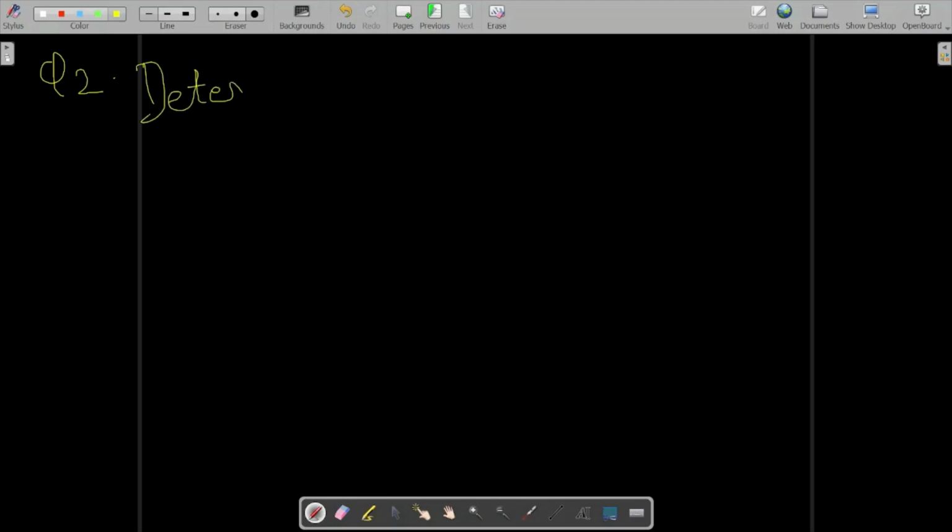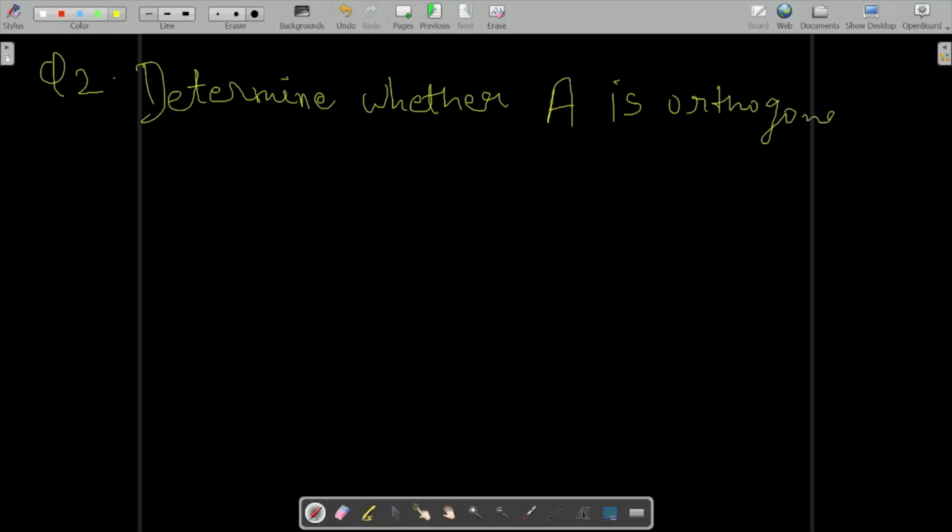Determine whether A is orthogonal or not. And your matrix A is given over here.